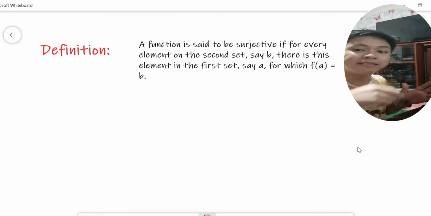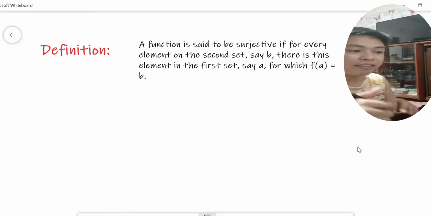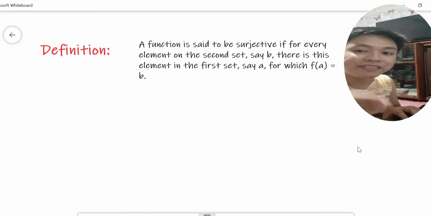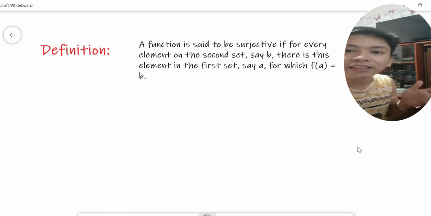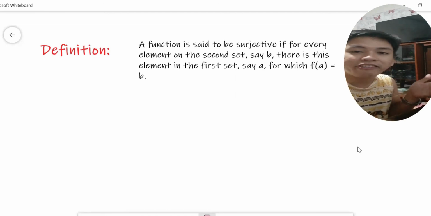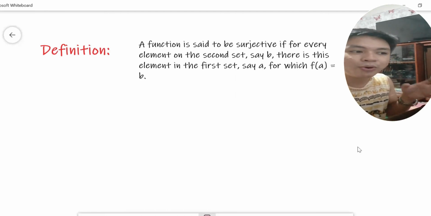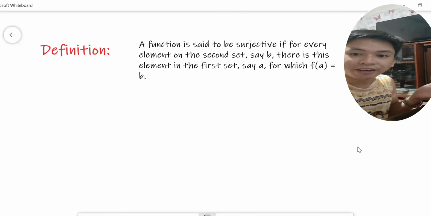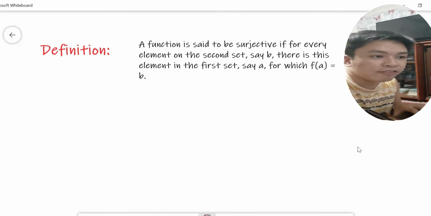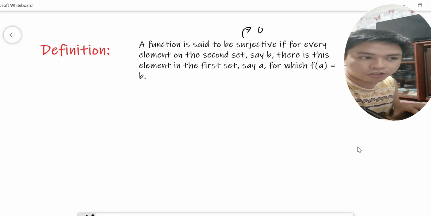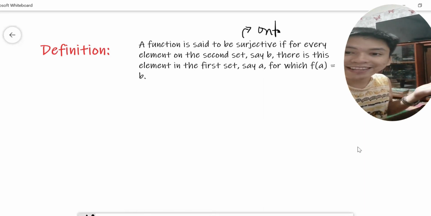If we have the set for boys and the set for girls, no girl is single. They should have dates on Valentine's Day. That's the point of a surjective function. By the way, surjective is sometimes called an onto function. That's it.